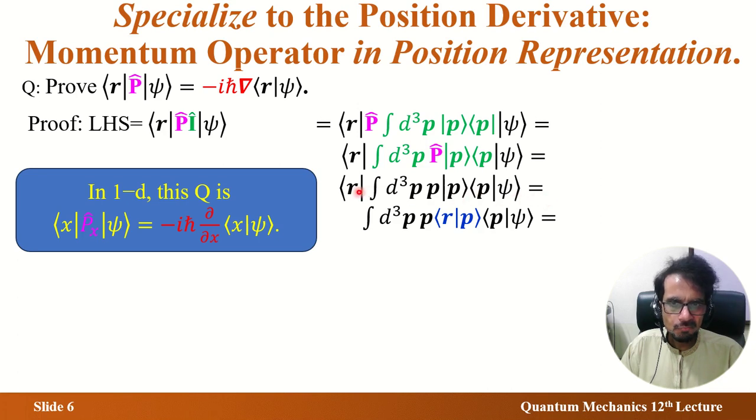To get further usage, what you do is take a bra R and a ket P and bring them together. And remember, you recognize what R|P is. That's the second result I showed in the previous slide. In the previous slide I said R|psi is psi of R, so R|P is P of R, a wave function with fixed momentum.